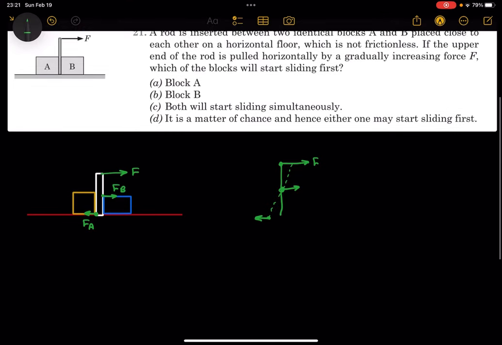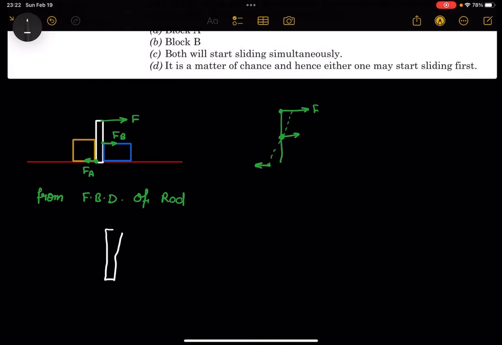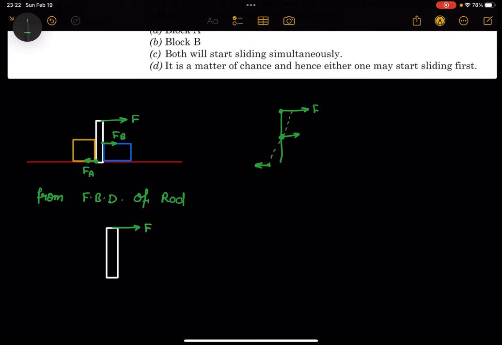If I draw the free body diagram, then you will understand clearly. FBD of the rod: this is your rod and one force is acting in this direction, that is called F. The other is acting in this direction.